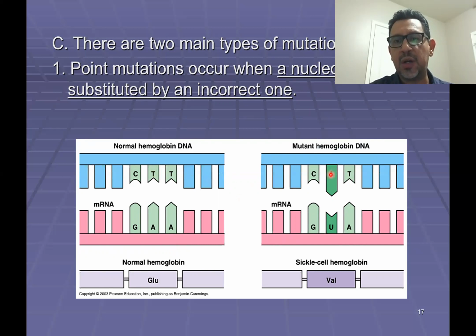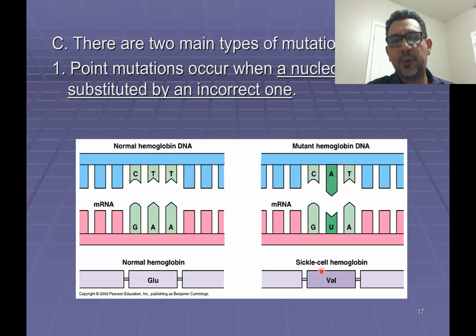So the codon in DNA CAT gets transcribed as GUA, but the translation of GUA is not the amino acid we expect, but instead it's valine. And just this one incorrect amino acid is going to result in the hemoglobin polypeptide not folding the way it should.